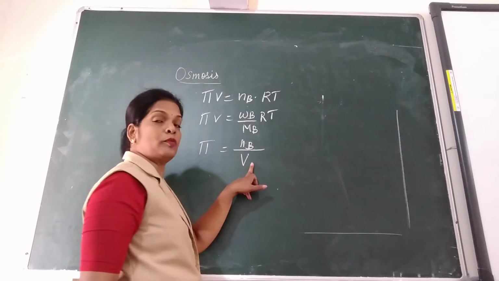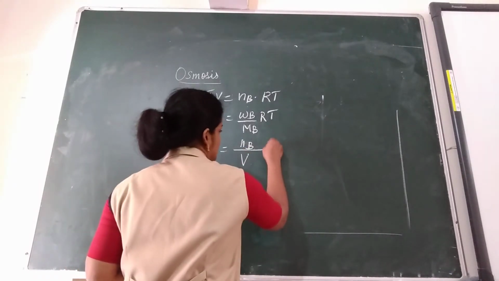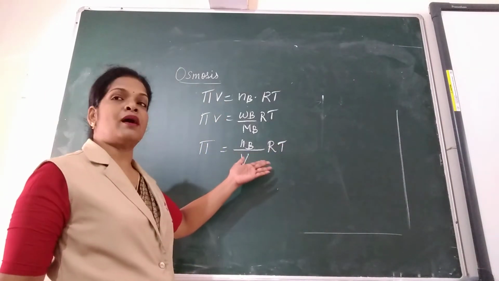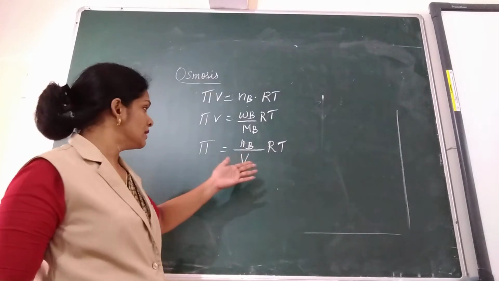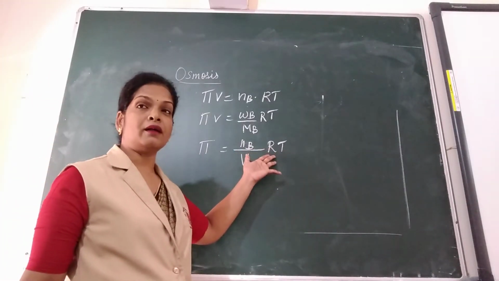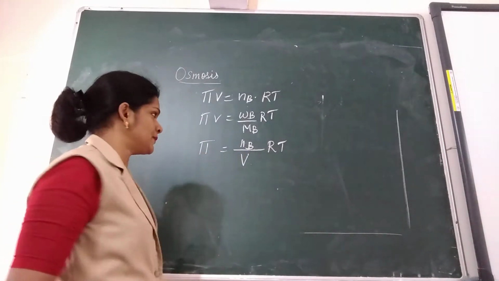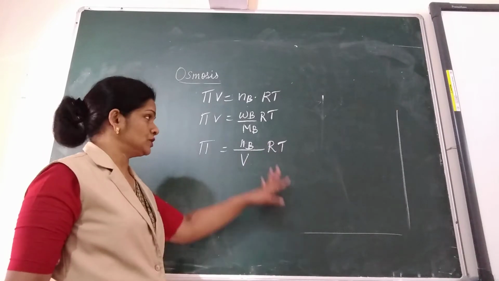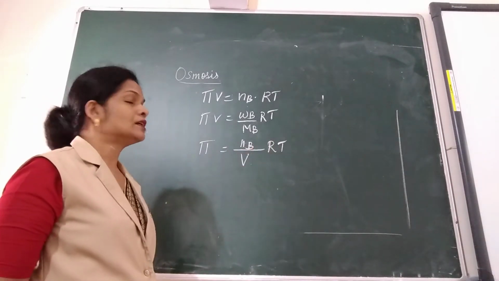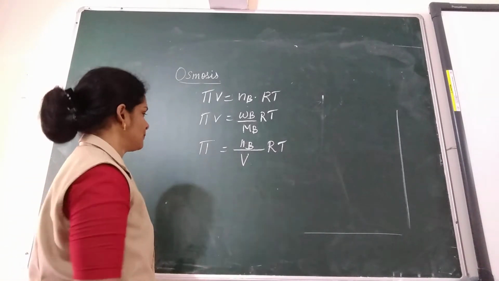We put V in the denominator, which means you are calculating for 1 liter of solution. This is RT. If the osmotic pressure is given in bar, use R in bar. If it is given in atmosphere, take R in atmosphere. T is the temperature in Kelvin, and osmotic pressure is measured at room temperature.